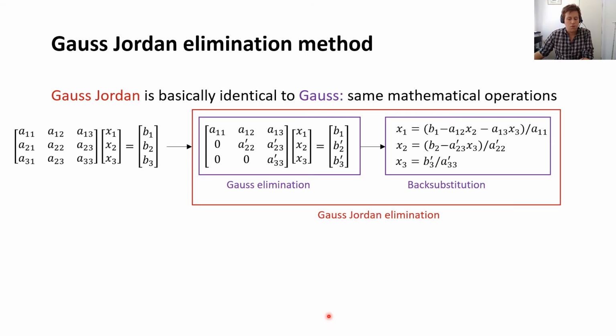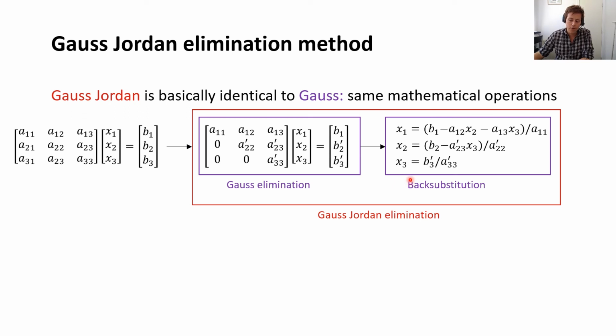Now, Gauss-Jordan is basically identical to Gauss. You perform the same mathematical operations, because in Gauss-Jordan elimination you convert your matrix into a diagonal form, whereas in Gauss elimination we converted it to an upper triangular form and then did the back substitution.